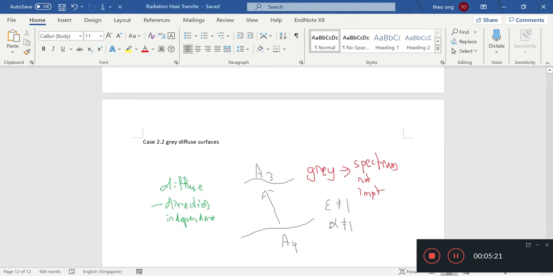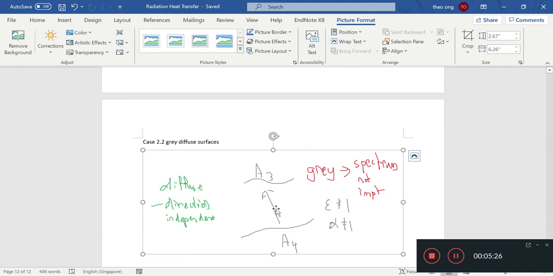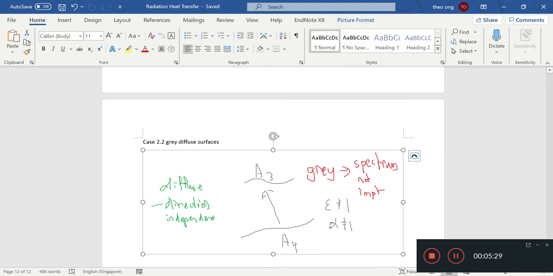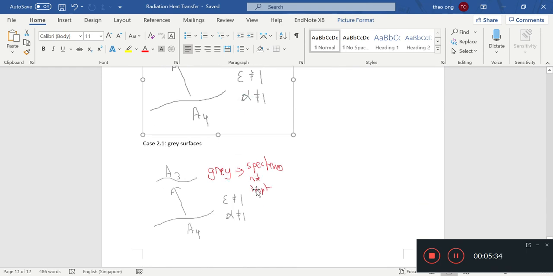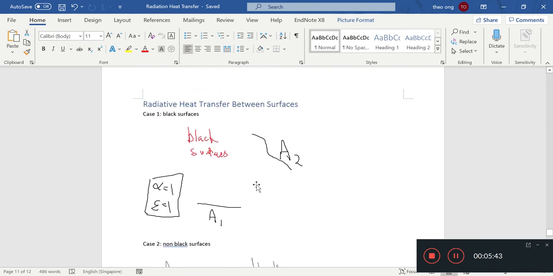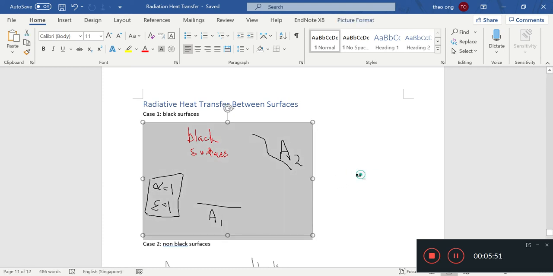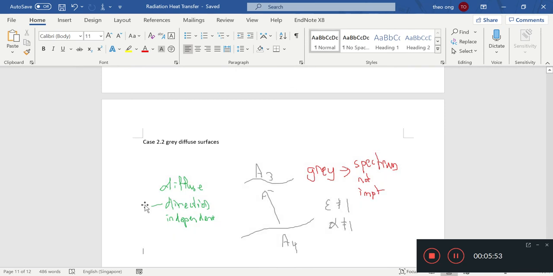That is probably something much more practically calculable by hand as compared to the others, because those will not be diffuse, therefore you will have to take angles into account, and that will be pretty complicated. So we can start with the most simple case first, black surfaces, and when we want to extend it to a gray diffuse surface, we can bring in the emissivity and absorptivity.